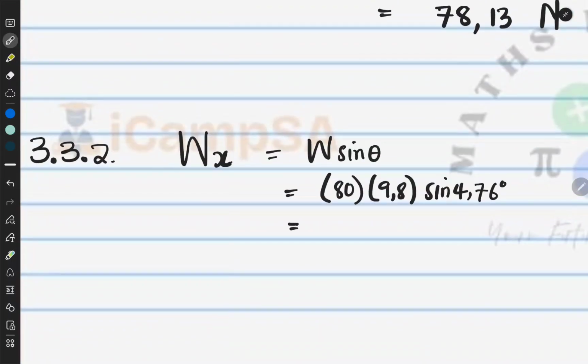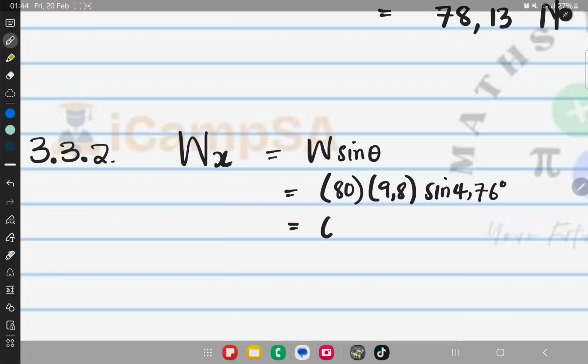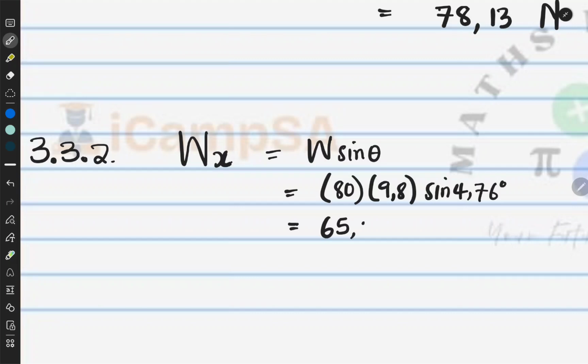Now what do we get? 80 times 9.8 times sine. This is 65.06 newtons.